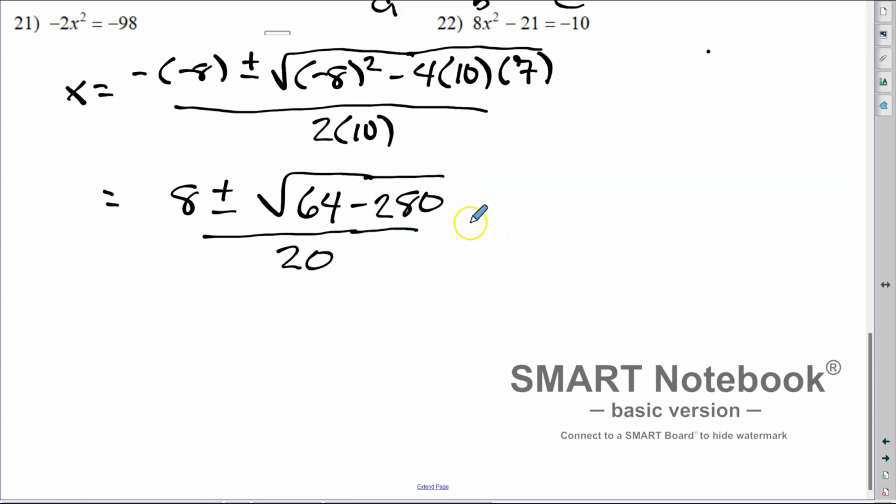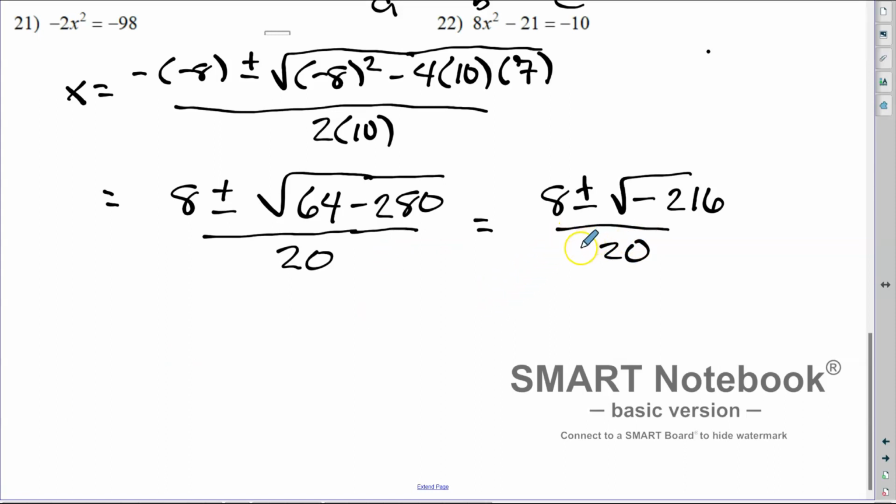Okay, and that's going to be 8 plus or minus the square root of negative 216, all over 20.